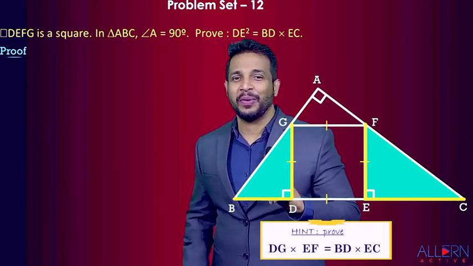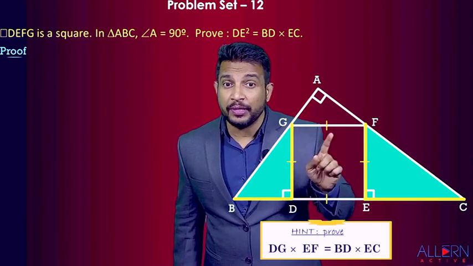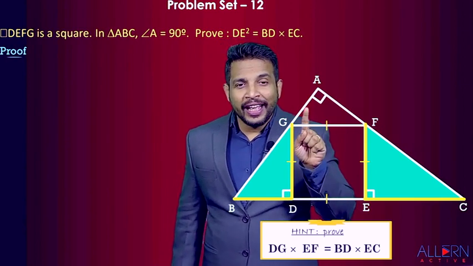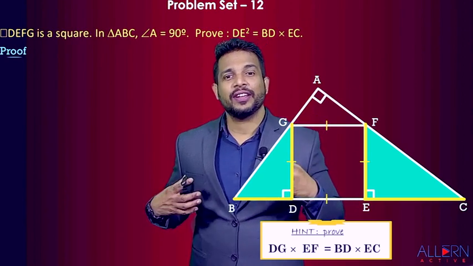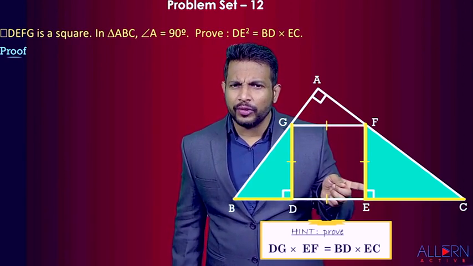It's very interesting now. Observe. You're not getting them similar, but we need to prove them similar, because only if we prove them similar are we going to get this. If you look at the figure, there's one more triangle here. This triangle will be our savior. It will help us. You know how it is going to help us? You want to prove them similar, both of them.